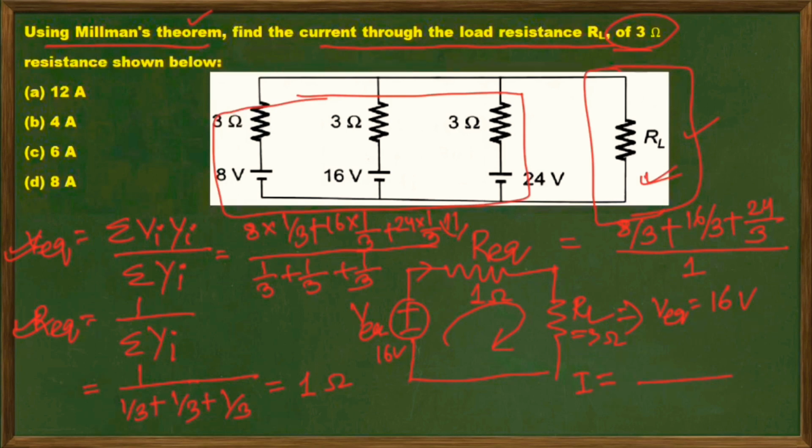Here net voltage is V equivalent, 16 volt, and net resistance is R equivalent plus RL, as they are connected in series. So this is 1 plus 3, equal to 16 by 4. So this is 4 ampere. So the current through the load resistance RL of 3 ohm is 4 ampere. So option B is the right answer.